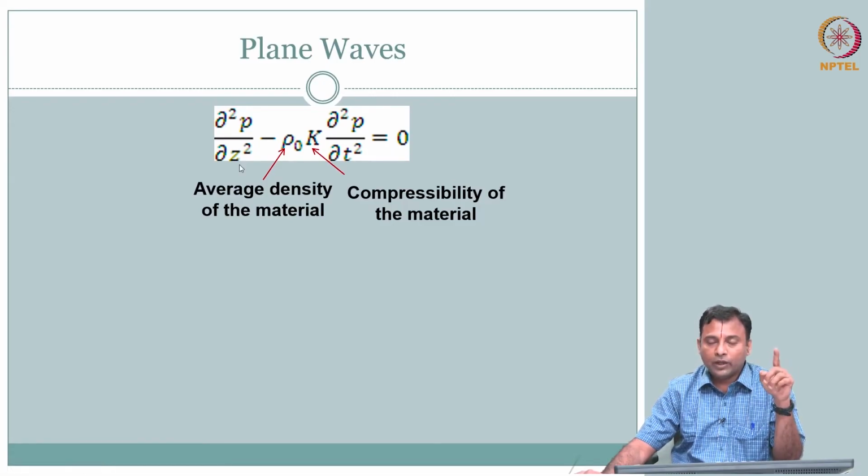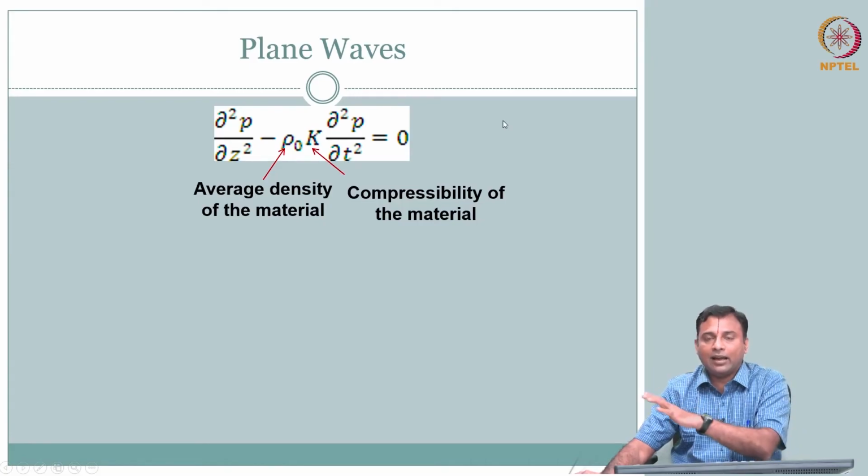We had the Laplacian with x and y, that is gone. We are considering only the wave in one dimension along the z direction, and therefore your pressure is changing only in the z direction. Dou square p by dou z square equal to 1 by c square dou square p by dou t square.